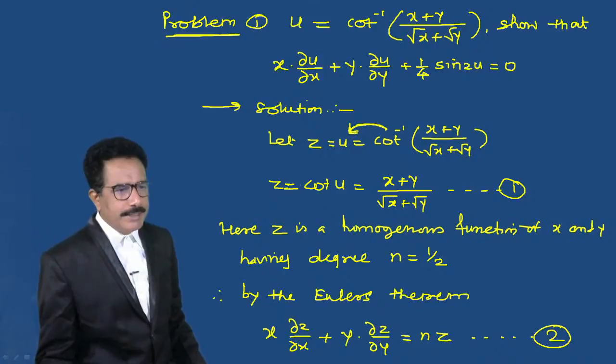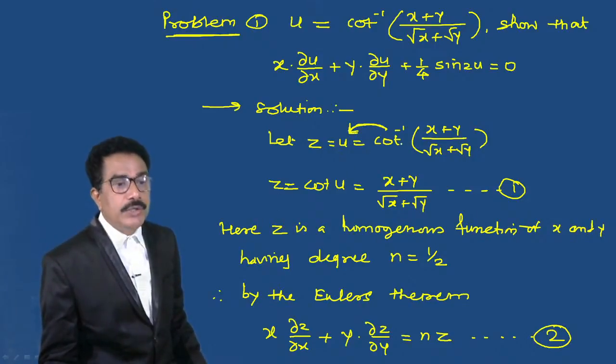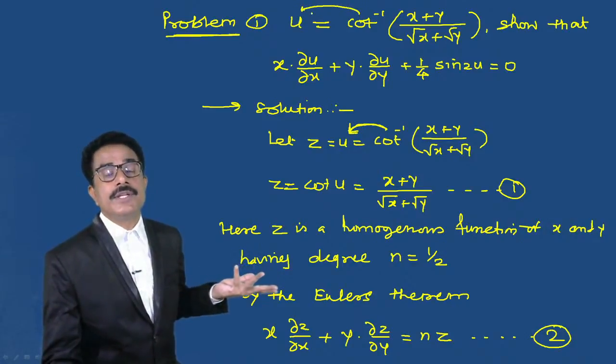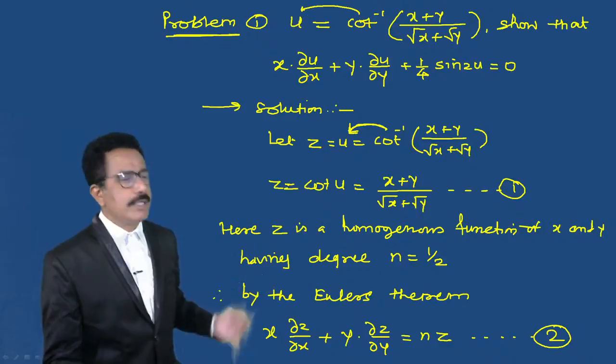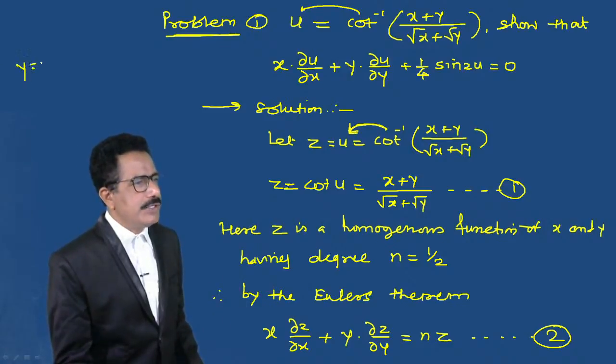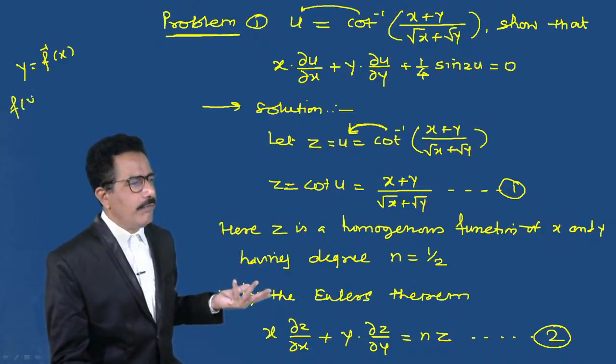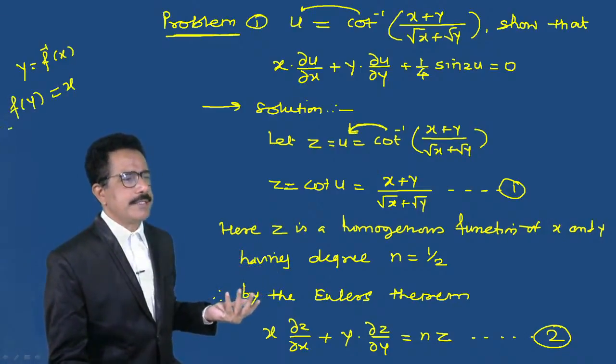So we can write z is equals to cot u, cot inverse होता ना. जर या cot inverse ला जर तुम्ही इथं लेफ्ट ला घेतला तर इनवर्स फंक्शन ची डेफिनेशन यूज करा. Suppose y is equals to f inverse of x, then according to the definition of the inverse function we can write f of y is equals to x.